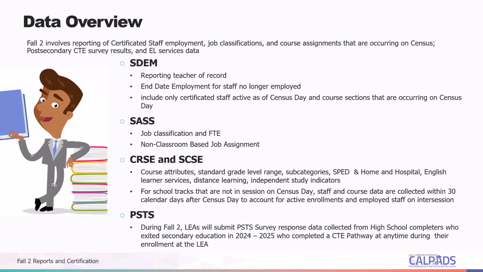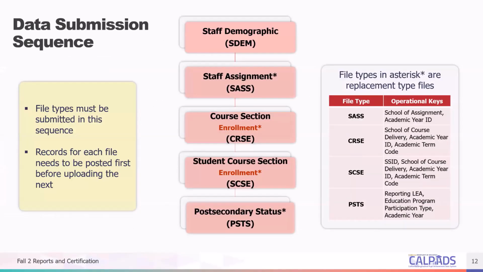And the student course section enrollment shows us the students taking the course, what instruction they're receiving, if they are an EL, if they're going to get services, that's reported in the course. So that information is built upon each other, starting with the staff demographic, the staff assignment, the course, the student course section. All righty, now those files and the data submission sequence.